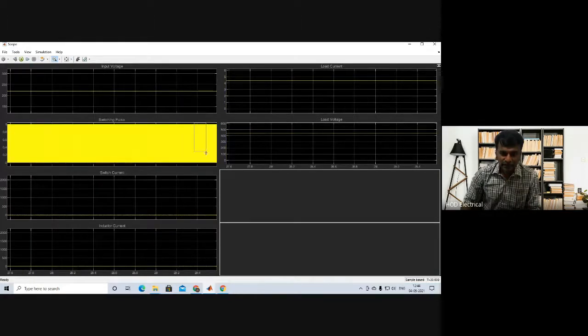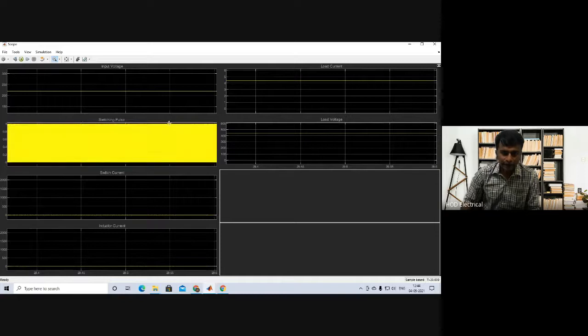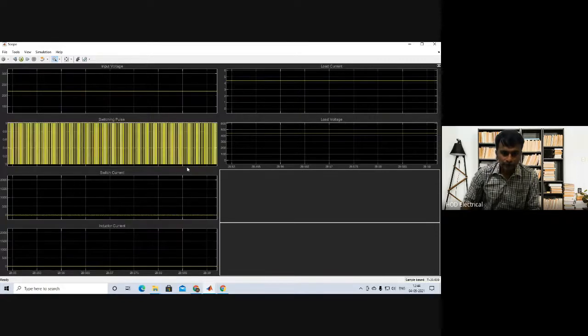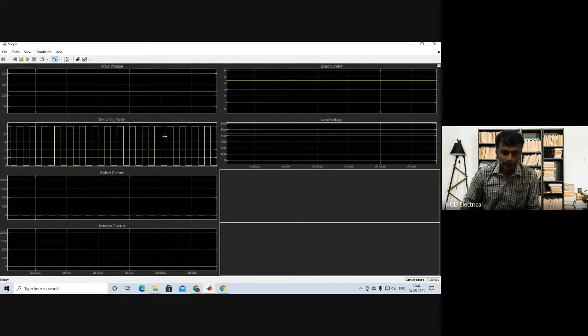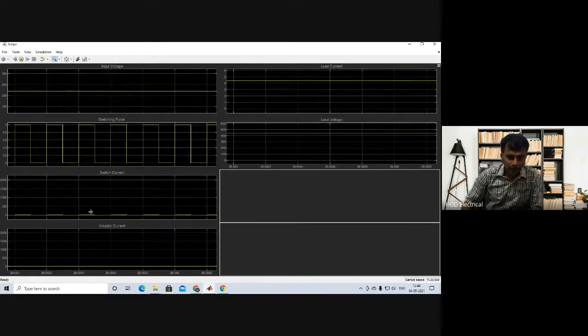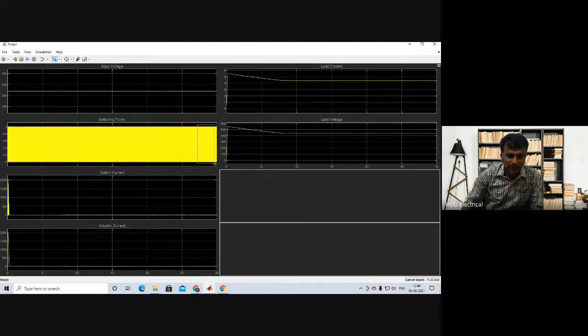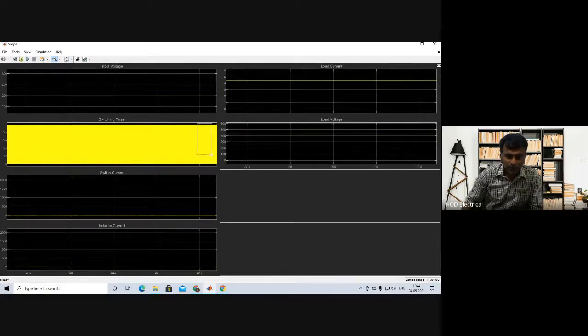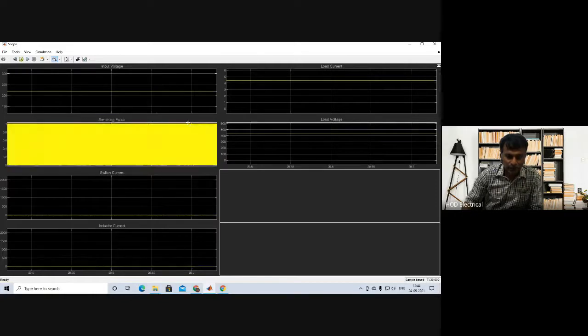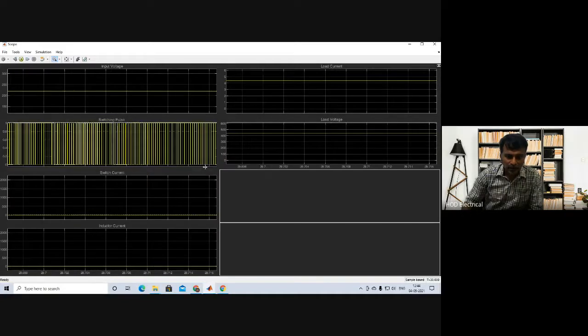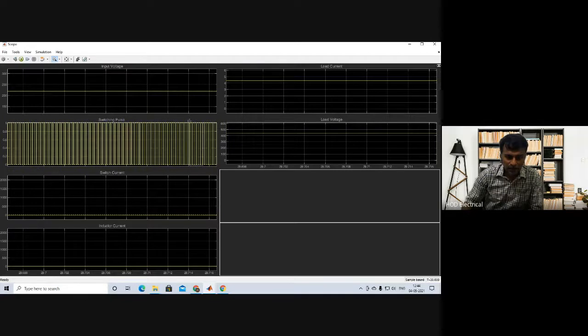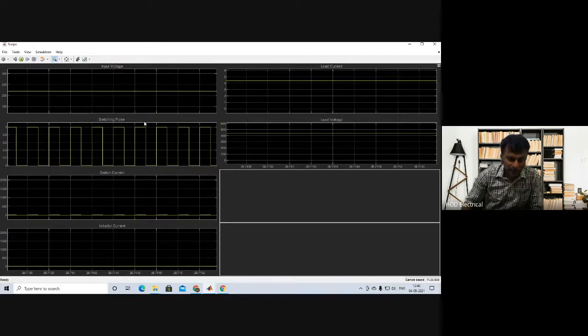In the steady state time, if you see here, see the on time and off time, right? This is the on time and off time. In the previous case, if you see this waveform, 50% of the time the switch will be on and 50% the switch will be off.